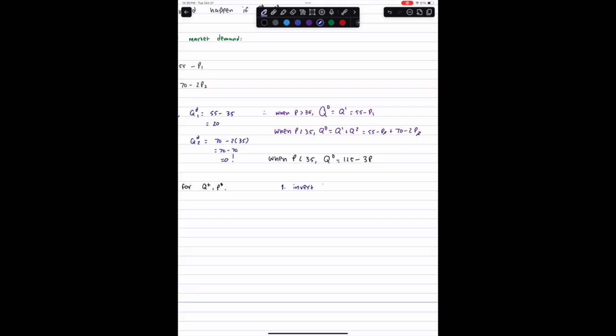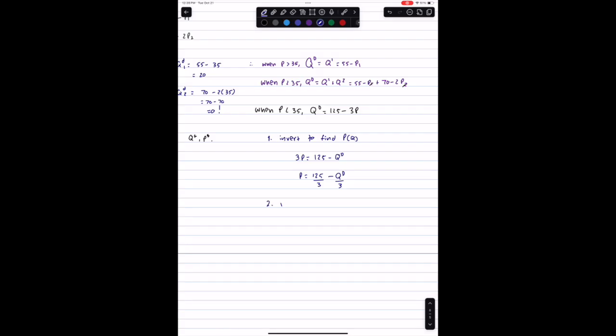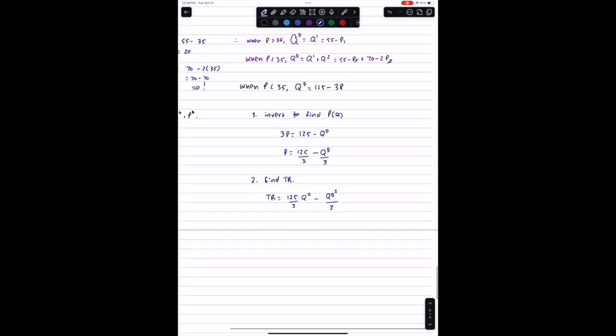So number 1, invert to find P of Q, right? We know 3P is going to be equal to 125 minus QD. We know P is going to be equal to 125 over 3 minus QD over 3. 2, find total revenue. Total revenue is going to be equal to 125 over 3 times QD minus QD squared over 3.